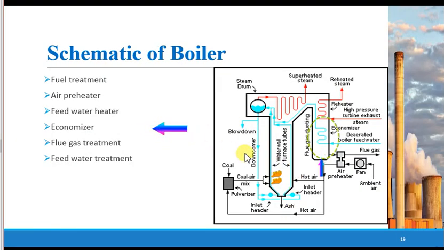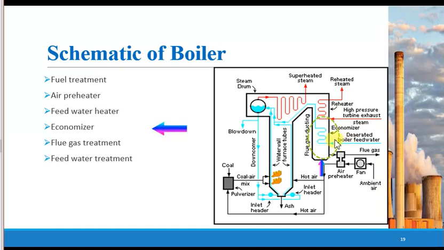Now we are going to discuss another very important part of the boiler, which is the economizer. This is also shown with this arrow here. Economizer and preheater have the same working, because it is also used to heat up the feed water, but it is not named a heater, it is named the economizer.